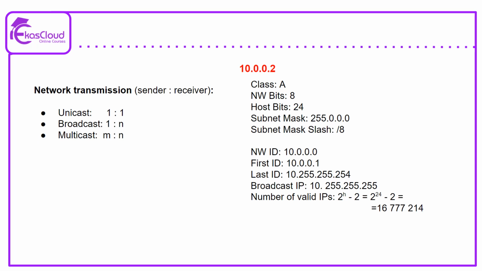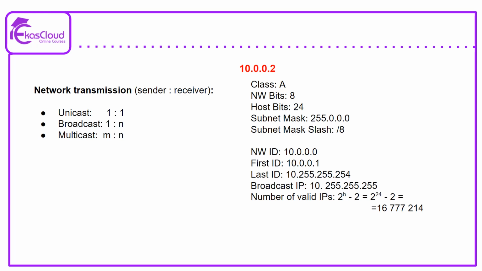That means only the first octet is considered to be network bits, which is 8 bits, and the rest belong to host bits. Therefore, the subnet mask is going to be 255.0.0.0, and because it's 8 bits, the slash is also 8.